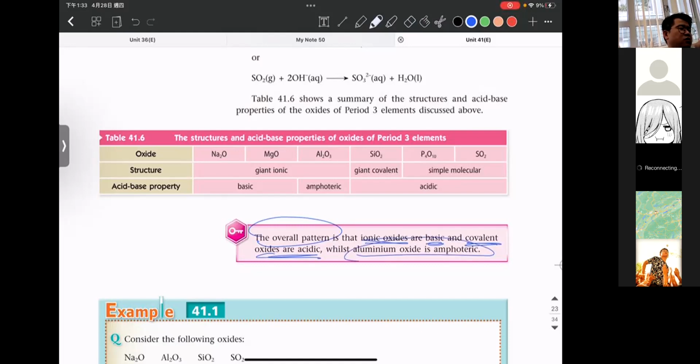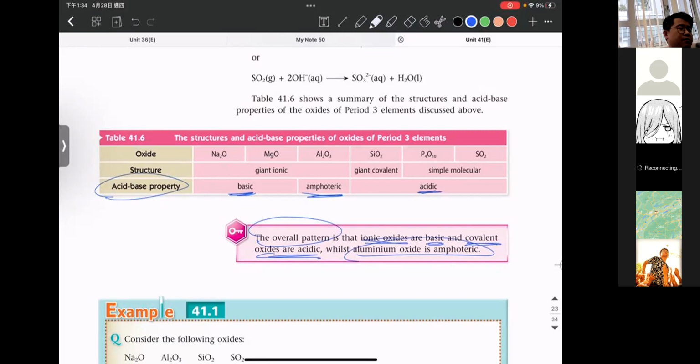Across the period, the acid-base property will be from basic oxide on the left-hand side, amphoteric oxide in between, and acidic oxide on the right-hand side, with the corresponding equations when it reacts with acid and alkaline respectively.